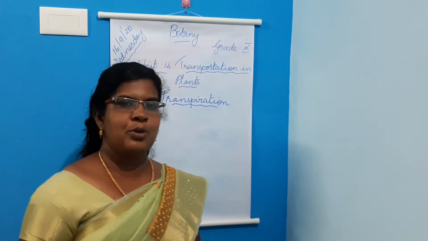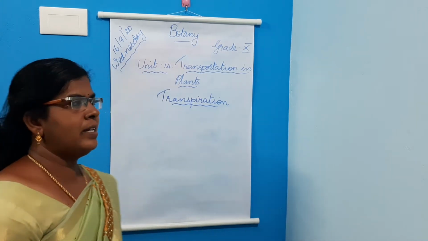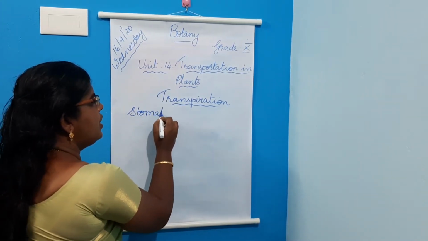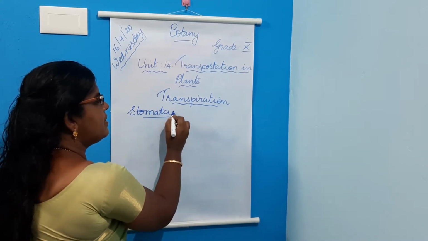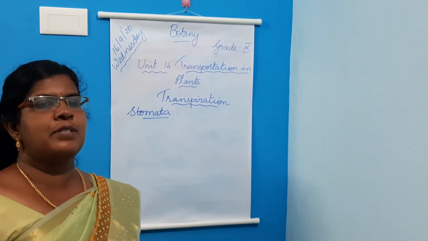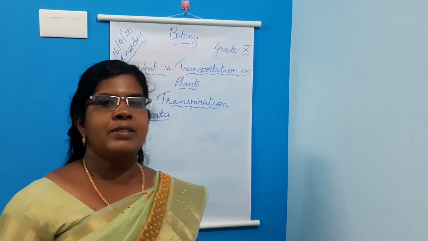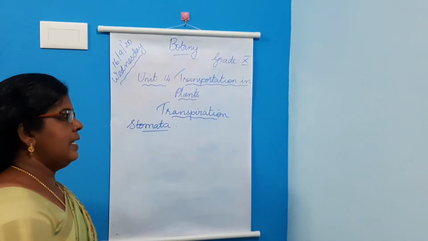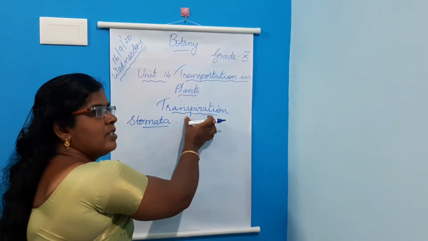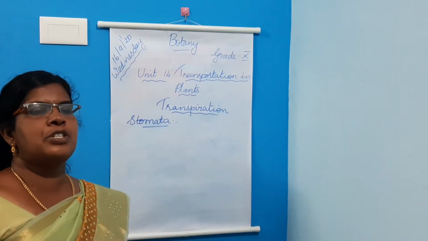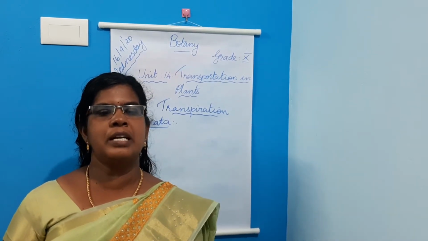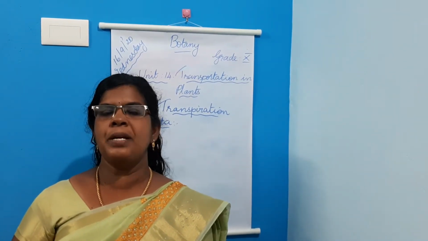Yes, you must know what are stomata. Stomata are minute pores which are present on the lower surface of the leaf. These are the organs of transpiration and gaseous exchange.